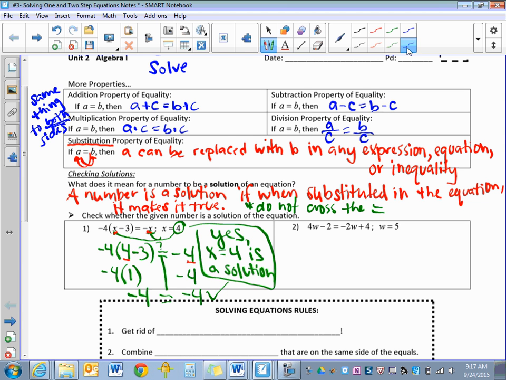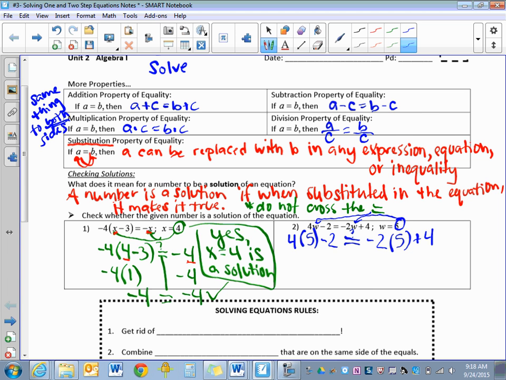Again, I'm going to take 5, we're checking to see if this is a solution, and substitute it in for W. And again, we don't know if this is true, so 4 times 5, rather than W, minus 2, does this equal, with a question mark over my equal sign, negative 2, instead of W, I substitute in 5, plus 4.